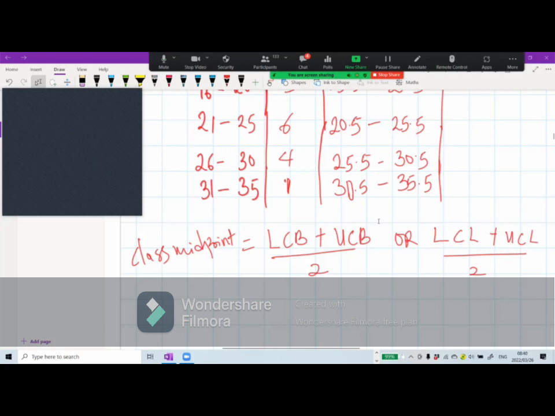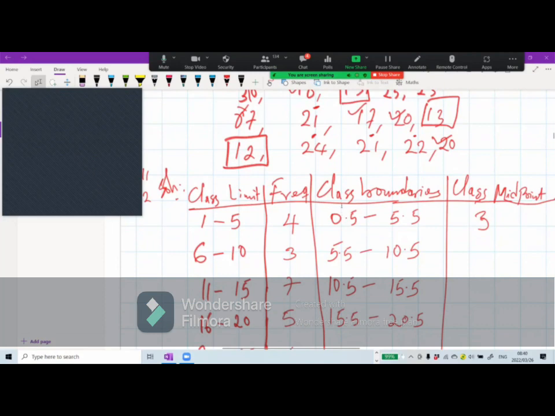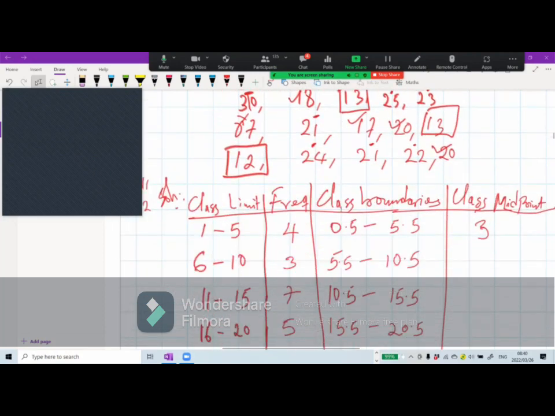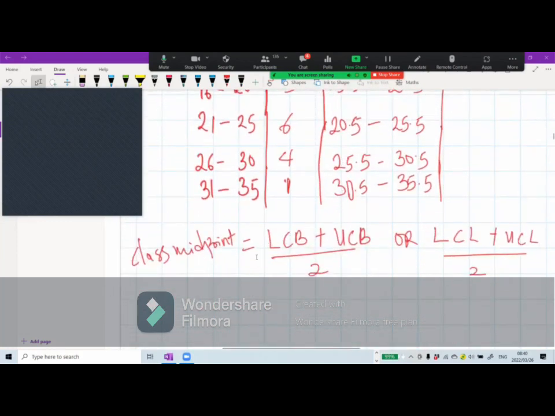Which of them? The class midpoint, sir. Class midpoint is very simple. Just take it easy. Listen to me. Class midpoint is this. Look at the formula. First of all, write this formula down.